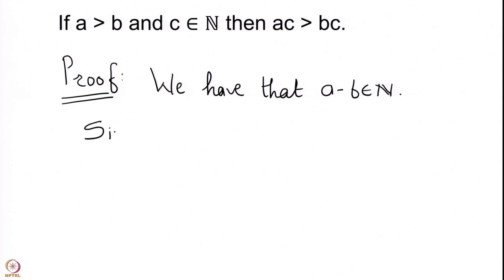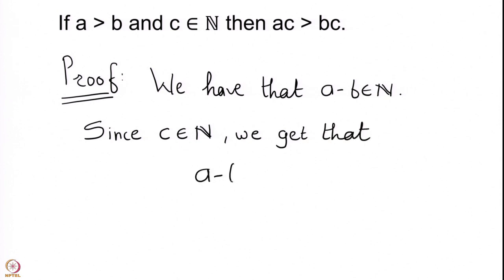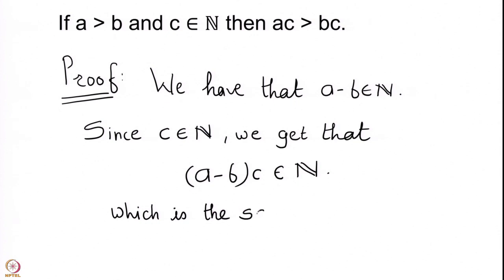So, since c is in N, we get that (a minus b) into c is an element in N. But (a minus b) into c is the same as ac minus bc.